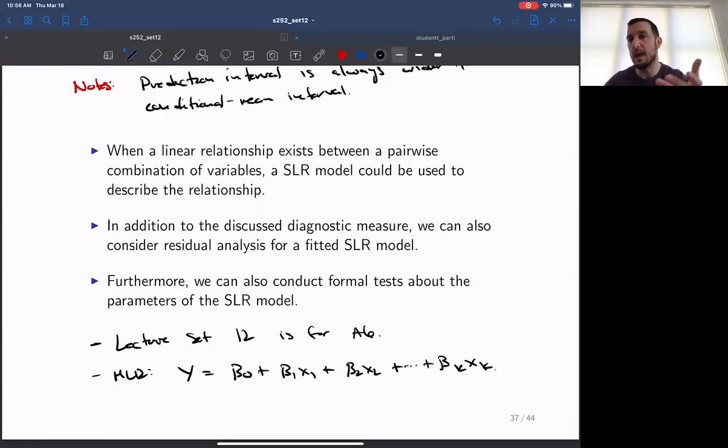Okay, and k can be any number: 3, 4, 5, 6, 7, etc. So you can have a very complicated model, or as a special case, you can have just the SLR model, which is shown right here. So the SLR model is actually a special case of the MLR model when k is equal to 1.